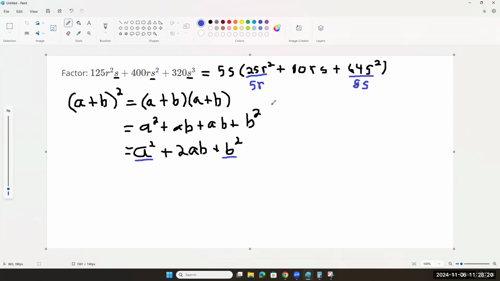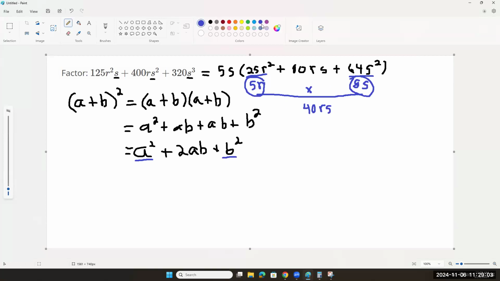Okay? There's another thing I want you to notice. When you multiply 5R times 8S, you get 40RS. When you multiply the A and the B in this case, you get 40RS.